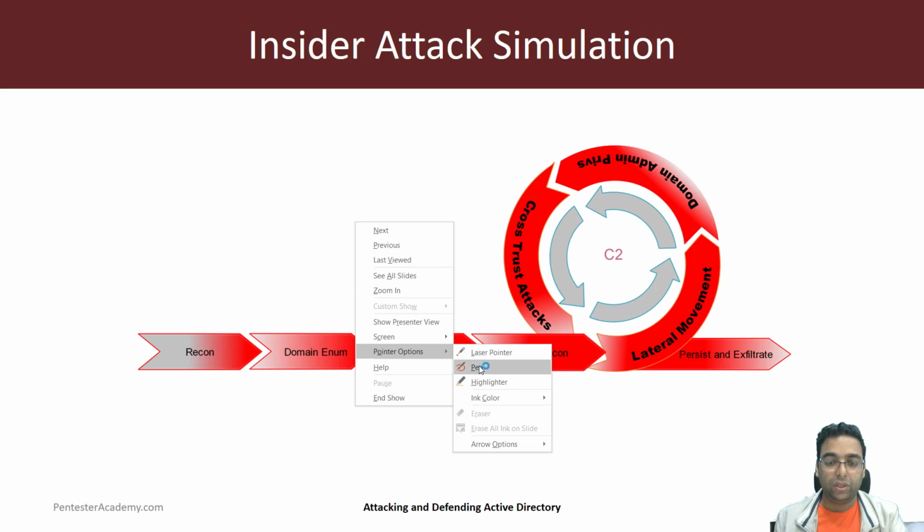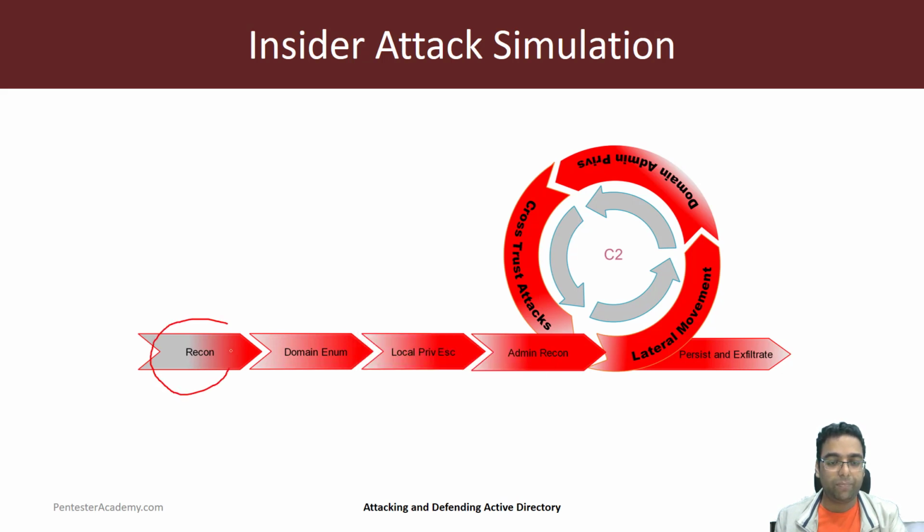And this is going to be our methodology when we talk about insider attack simulation. We will skip the recon part where we gather IP addresses, etc., so that we can focus more on the domain part, right? So we start with domain enumeration. We do extensive domain enumeration. Once that is done, we go for local privilege escalation. Then once we have escalated our privileges, or gotten access to a new machine, we do recon once again, right? Once we have enough knowledge, we go for the lateral movement part.